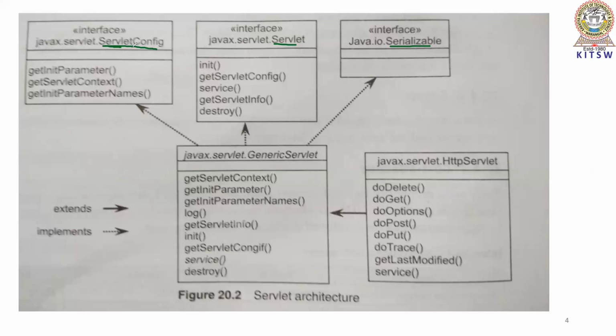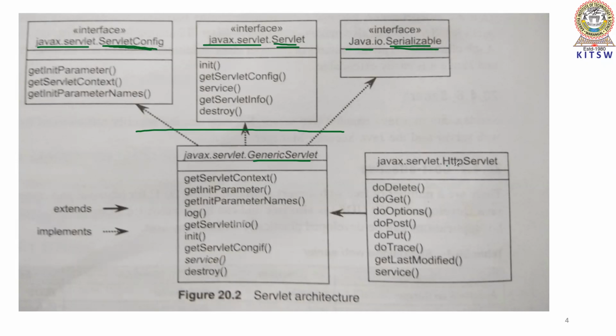This interface is available in this package. This is available in this package. This interface is available in this package. Okay, this is about the three interfaces. Next, class generic servlet.